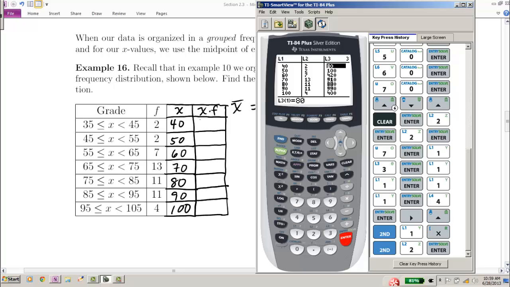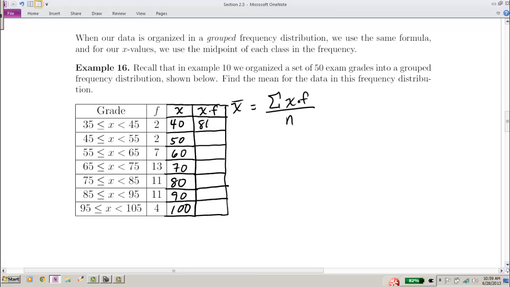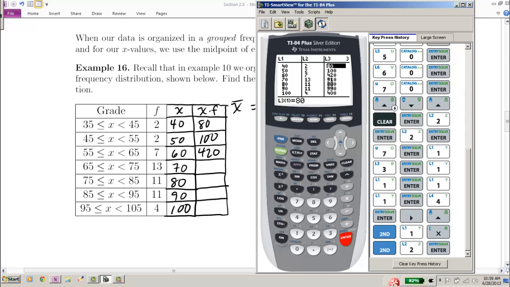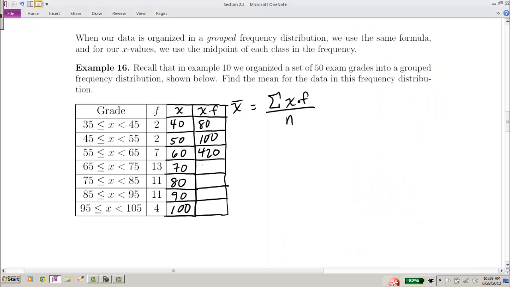And these are the values I'm going to put in here. So 80, 100, 420, 910, 880, 990, 400.